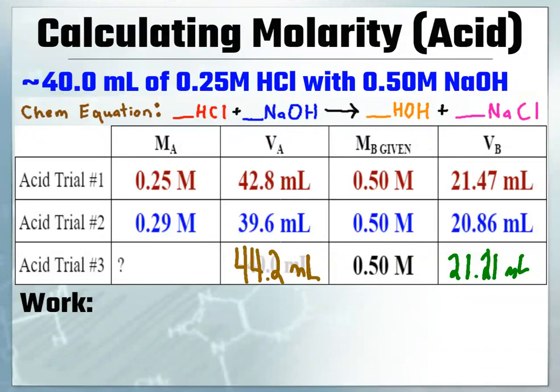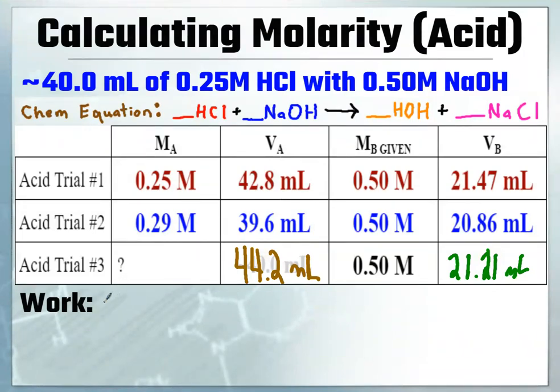Now I need to do this math to get the molarity of my acid. I need to use what I have from the base to get the moles of my acid, and then use the milliliters of my acid to get the molarity.